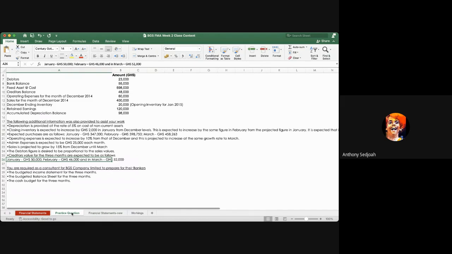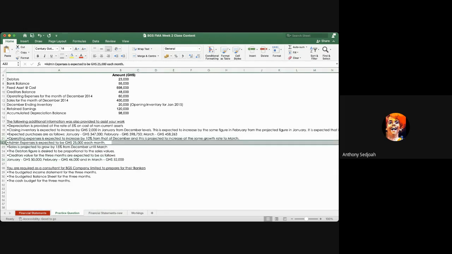Admin expenses are not directly related to your operations. Admin expenses are indirect expenses. So for the admin expenses, the question gave us the exact figure for each month. It says the admin expenses expected to be 25,000 each month.